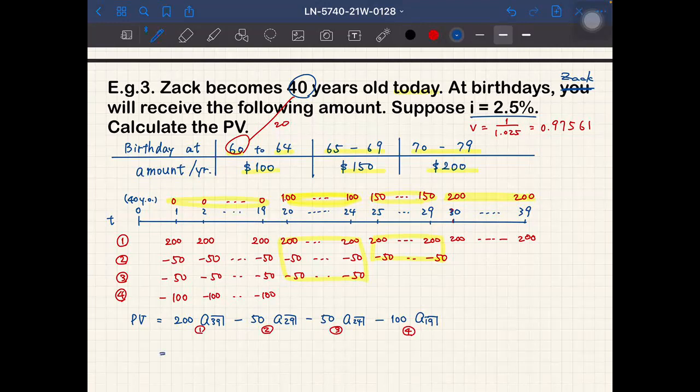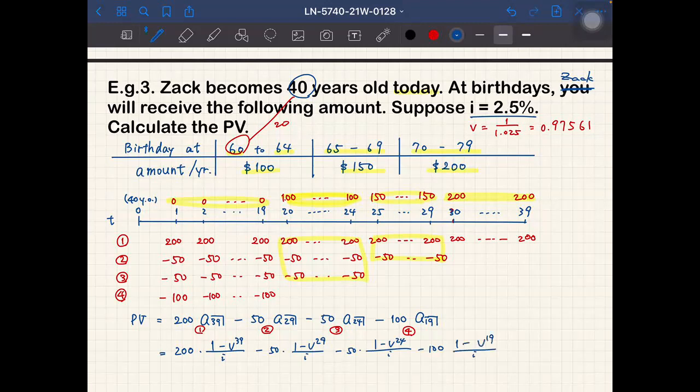And you can use the BA II Plus or the formula to get this. 200 times 1 minus v to the power 39 over i, minus 50 times 1 minus v to the 29 over i, minus 50 times 1 minus v to the 24 over i, minus 100 times 1 minus v to the 19 over i.